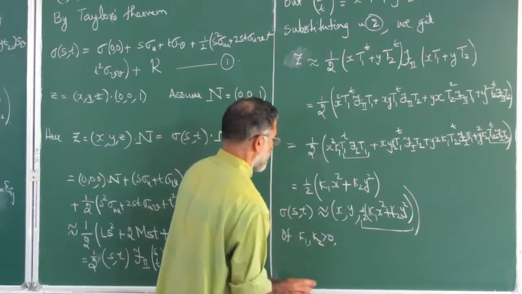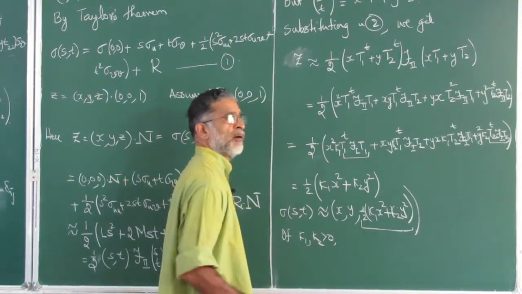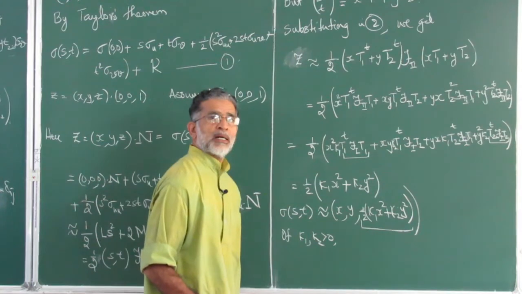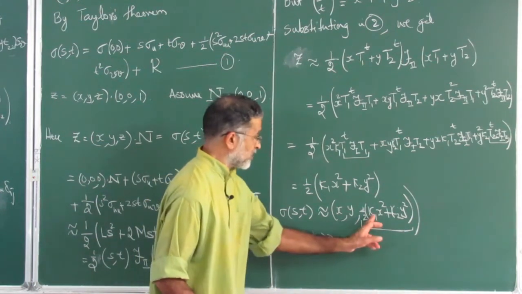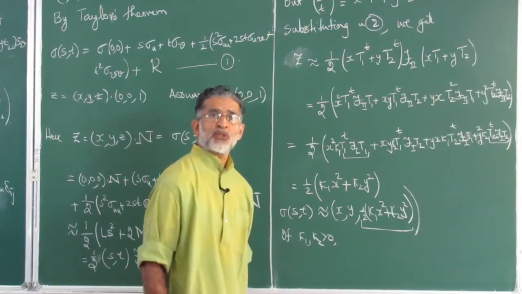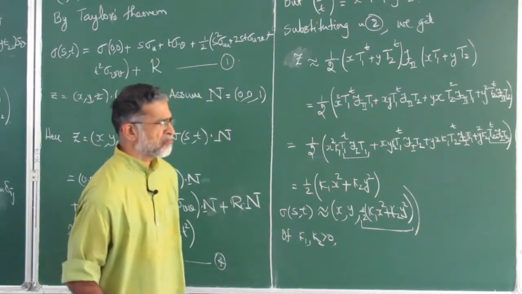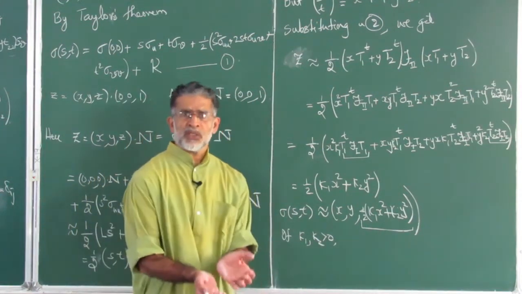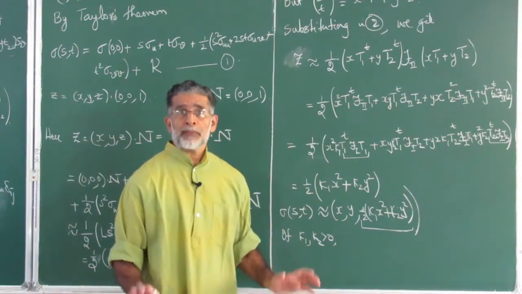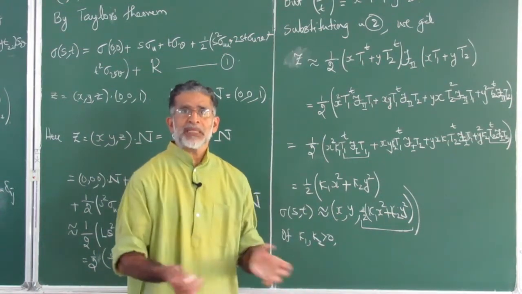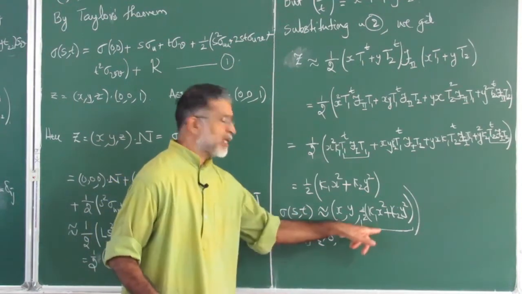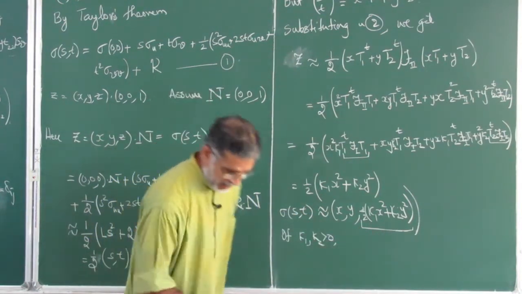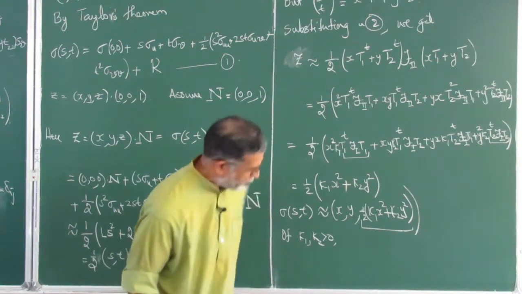So it's like the graph of the function a square x square plus b square y square, because these are positive. We have seen the name given was elliptic paraboloid, because it may not be circular, as a square and b square may be different. So it looks like an elliptic paraboloid, and such points are generally called elliptic points.